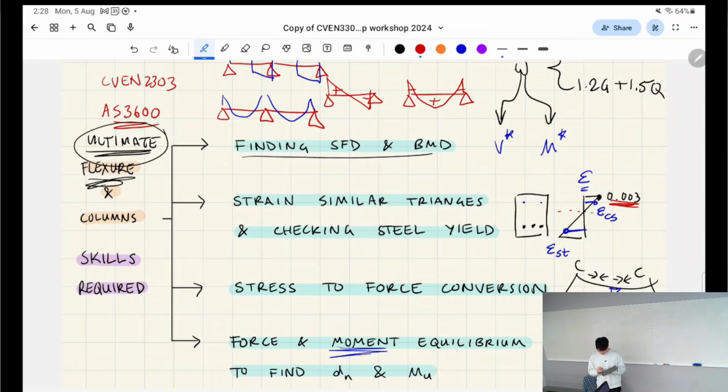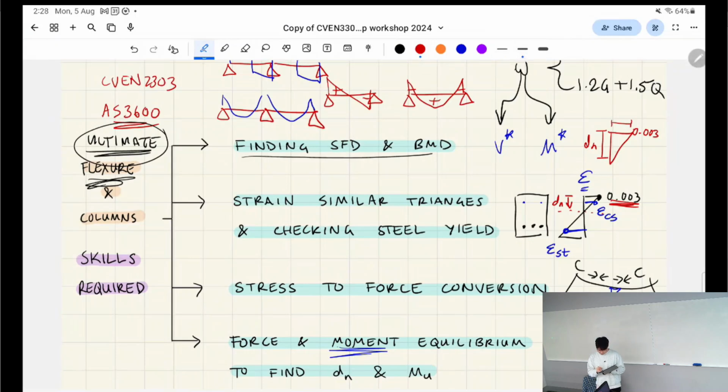0.003. And we know that this is the depth of the neutral axis. So we're saying that the rise over run of this triangle always has the same slope. It'll be different depending on how deep your neutral axis is, but it'll have the same slope for anywhere else you want to find on that triangle.